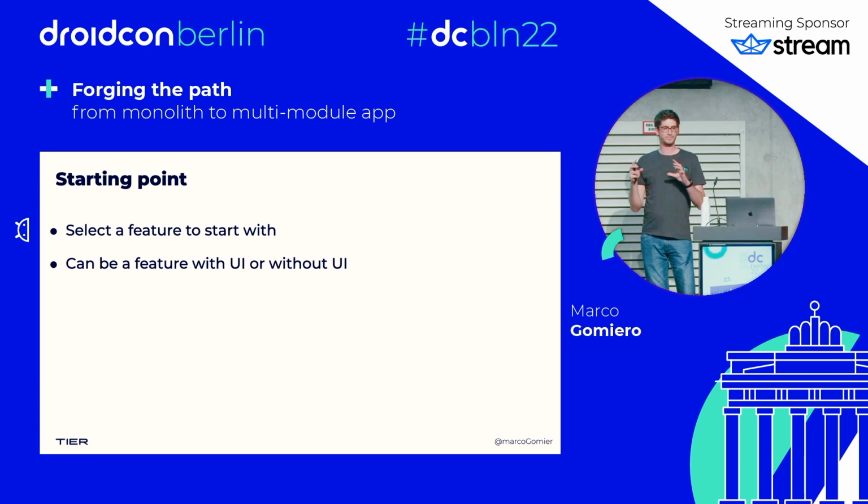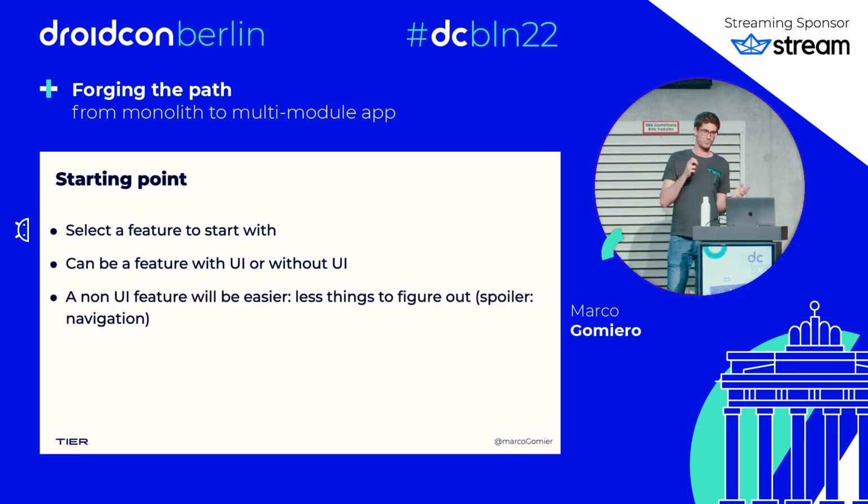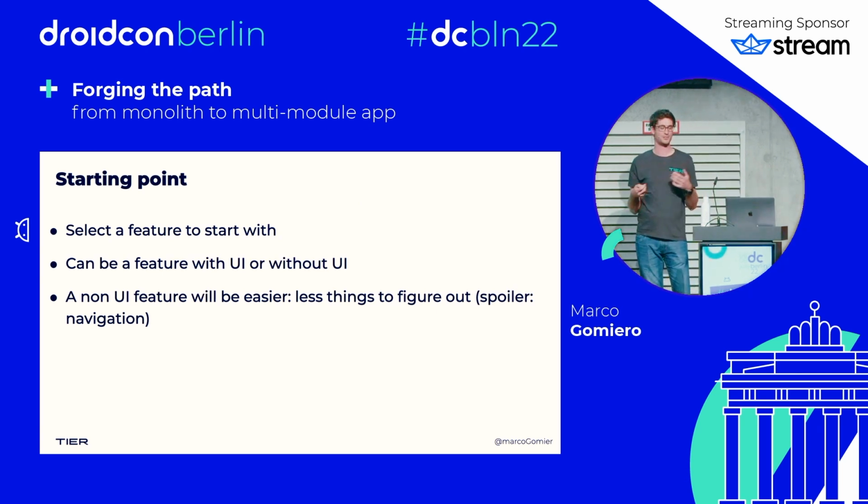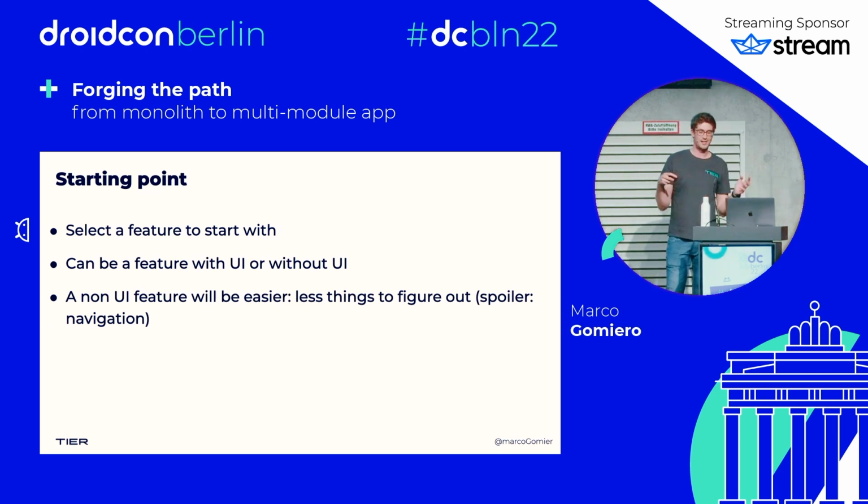And the feature that you can start with can be a feature that has UI or a feature that doesn't have UI. So usually a UI feature is easier to start with because you have fewer things to figure out. And for example, spoiler, navigation is one of those things. And so since we are all lazy, it's better to start with stuff that is less complicated.